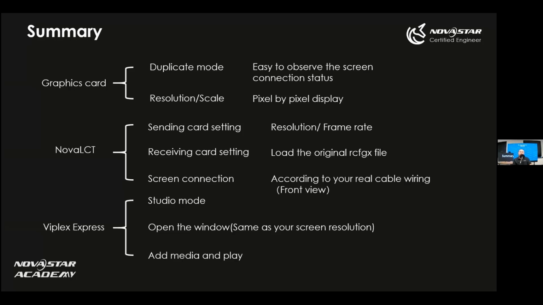Of course, if you have a DVD player or any other video device, you don't need to use Viplex Express. But if you still need a computer to provide the video source, Viplex Express is always the most stable solution and option for you. Okay, I think this is all the topic for today, the basic NovaLCT and Viplex Express settings.